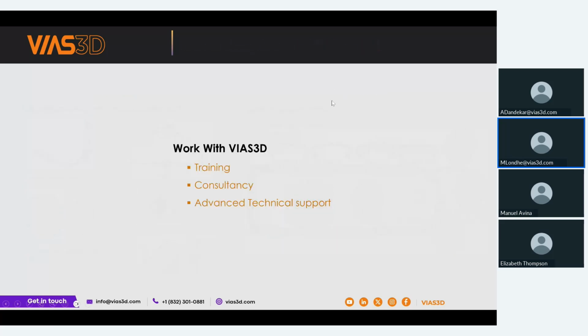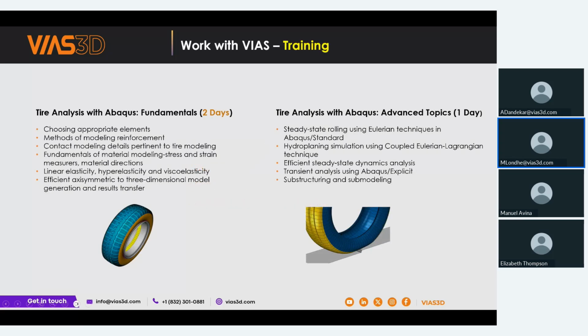Our last discussion is how we can collaborate. Working with VIAS3D, we can give complete training. There are two sessions. First is the fundamentals, a two-day session. We can give comprehensive basic analysis like footprint, how we can model the reinforcement, the different approaches to reinforcement modeling that I explained, contact modeling, and different materials.